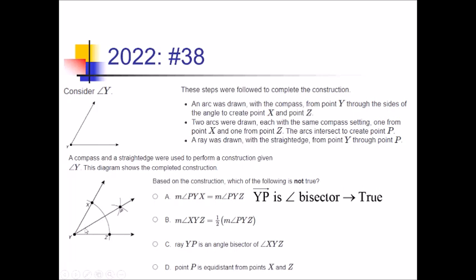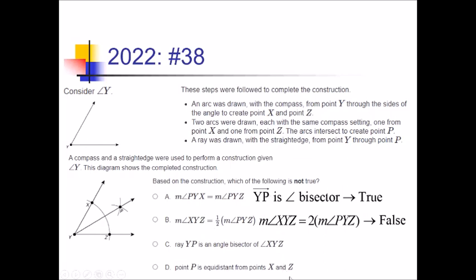Well, PYZ is half of XYZ, so this relationship is actually backwards. We should say that angle XYZ is 2 times the measure of angle PYZ. So that is a false statement, and you could choose that and move on with your life.